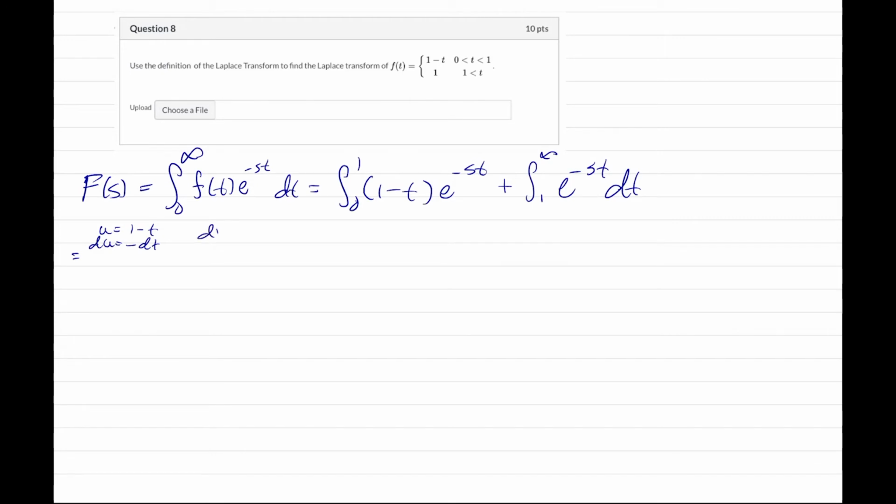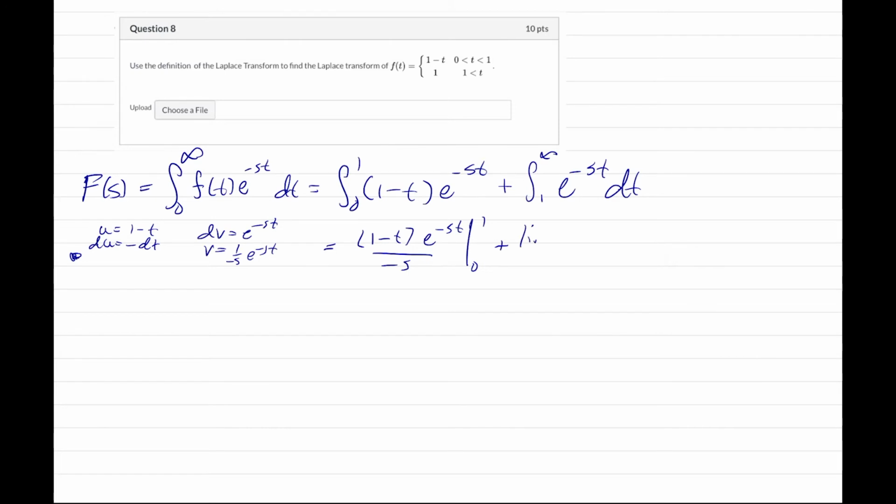And that's going to leave me with dv is equal to e to the minus st, and that leaves me with v is equal to 1 over minus s times e to the minus st, right? And so when I do that, I'm going to have u times v, which is 1 minus t times e to the minus st, divided by minus s, evaluated at 0 and 1.